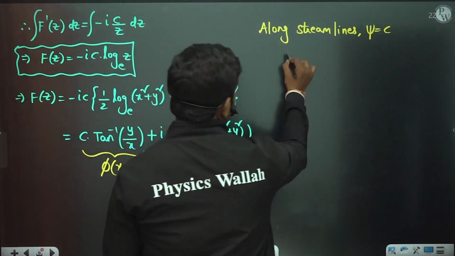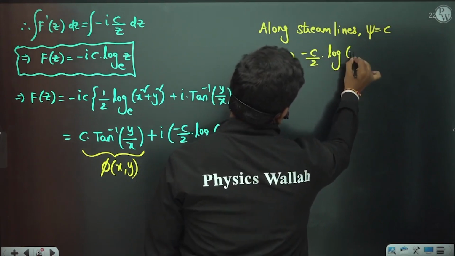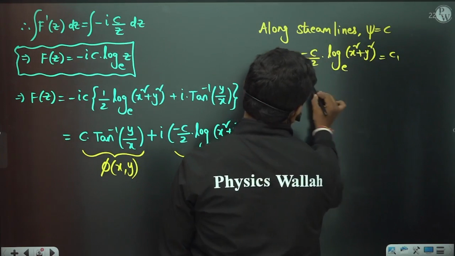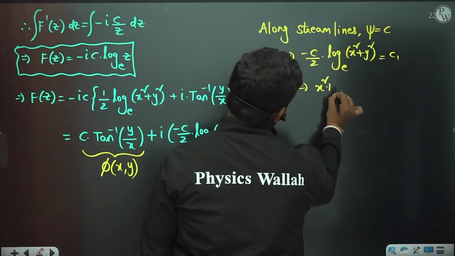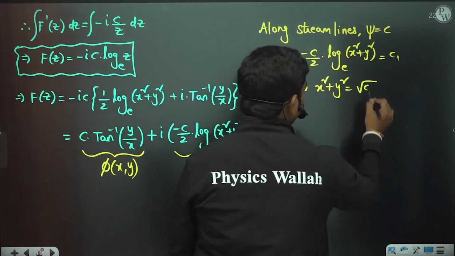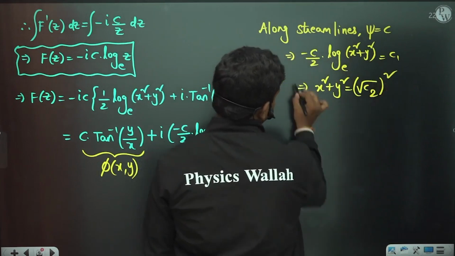So this implies minus c by 2 log x square plus y square to the base e is equal to some arbitrary constant. So this implies x square plus y square is equal to some constant c1 or c2, for example, after deleting this minus c by 2 and applying exponential.